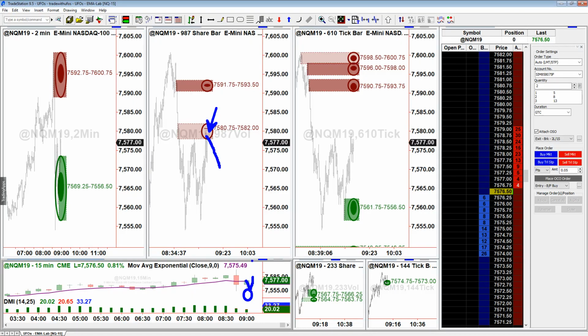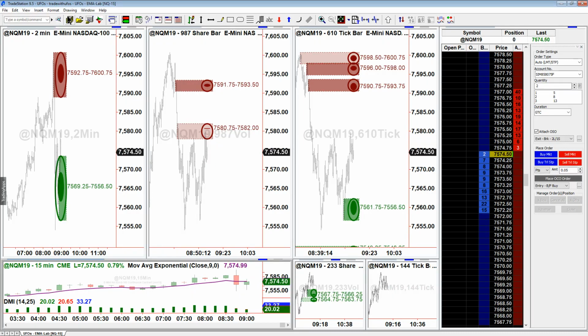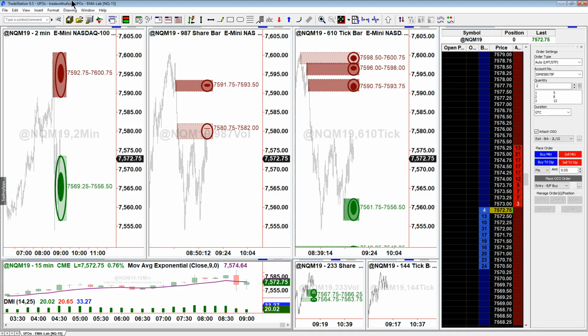But if the safety target is 2 points away and your final target is 1 point away, what is that telling you? It's telling you that the green UFO we saw in the 60 is stopping you from taking the trade, keeping you safe while the market defines itself, because now there is a lot of indecision going on.